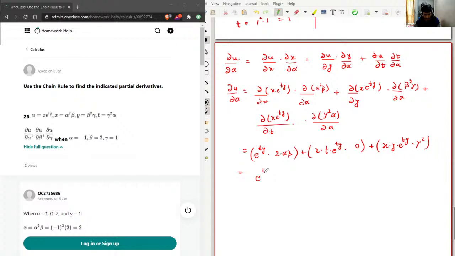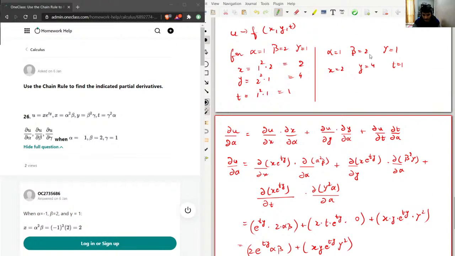Final expression will be e power ty alpha beta plus xy e power ty gamma square. Now we'll put the values which we obtained previously.